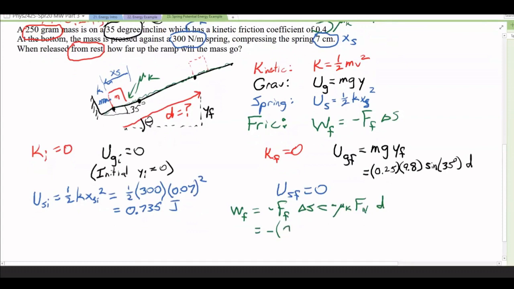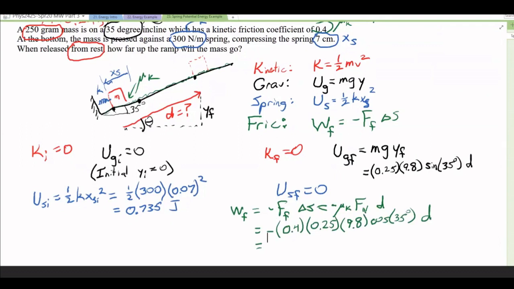So we can just put our 0.4 for friction coefficient times 0.25 for our mass, 9.8 for g, and then cosine 35 degrees, and then times d, because we don't know that distance yet.